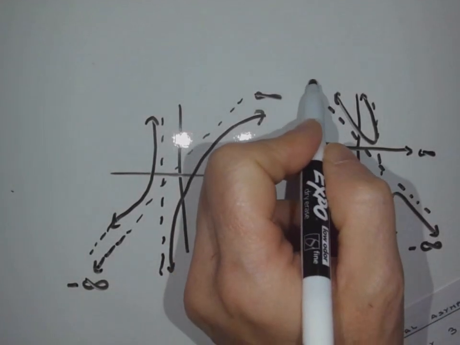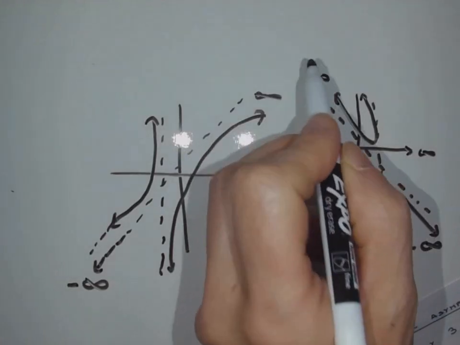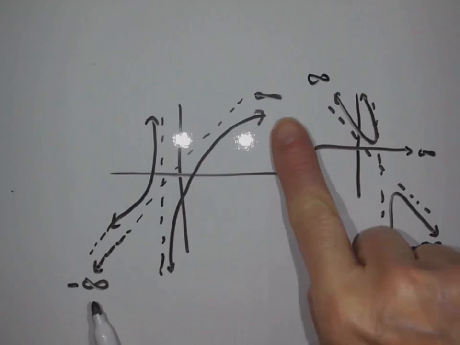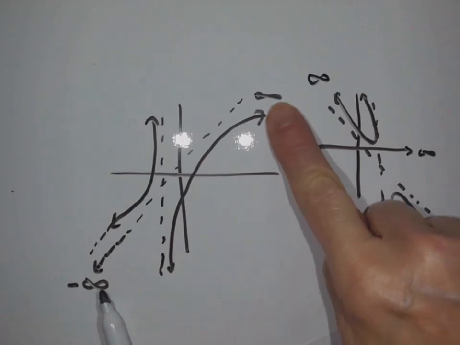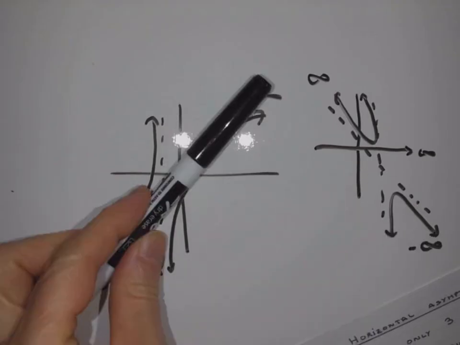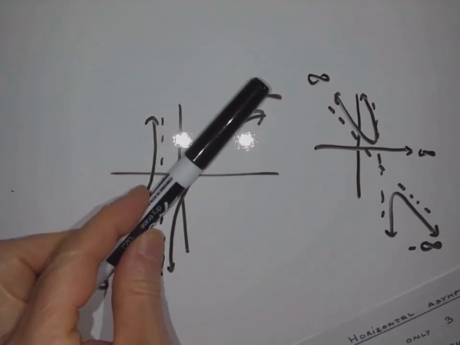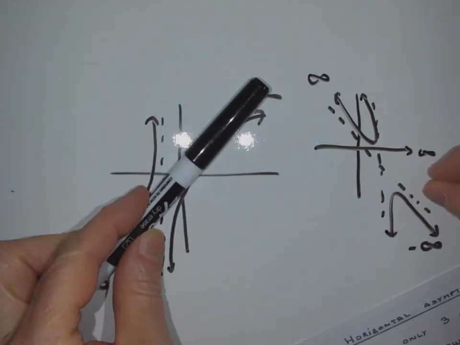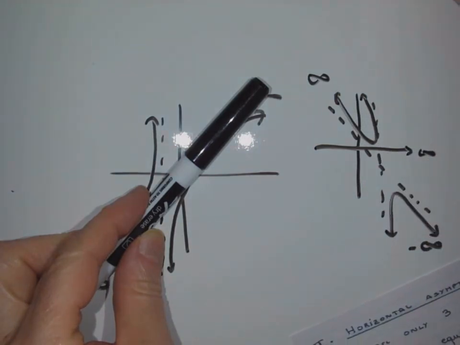So those will be reversed, right? So what's the key here? The key will be the slope of the slanted asymptote. A positive slope, take your x going to infinity, takes the y to infinity. The x going to negative infinity takes the y to negative infinity, and a negative slope is vice versa, right?